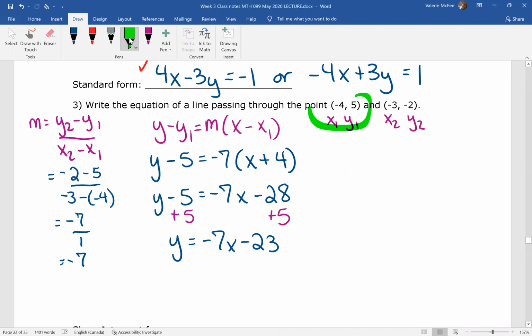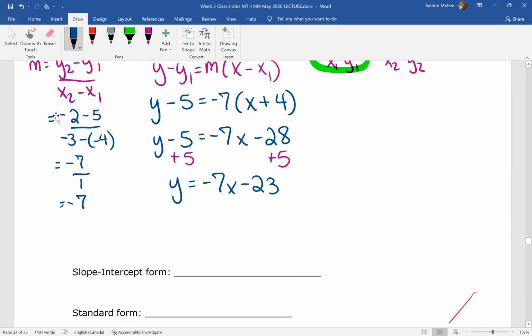I use this one because it only had one negative and I was hoping I would make fewer mistakes. So you should have found this to be your equation in slope-intercept form. If we want to change this to standard form, we need to add 7x to both sides.